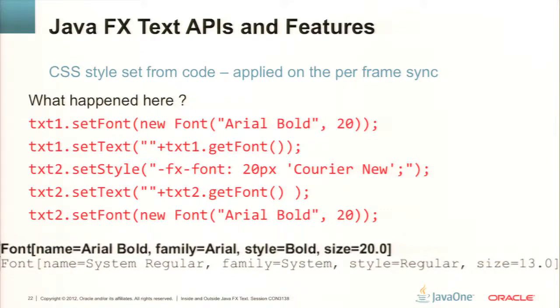When we copy stuff over to the render thread, at that point, all the CSS styles that have been explicitly set are applied. And so it actually happens at a later time.